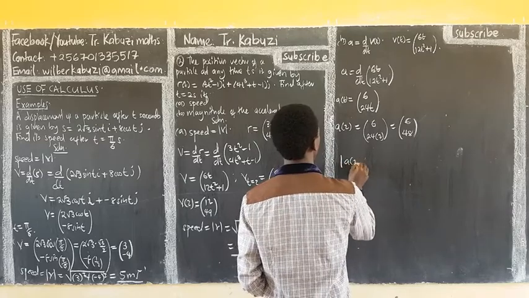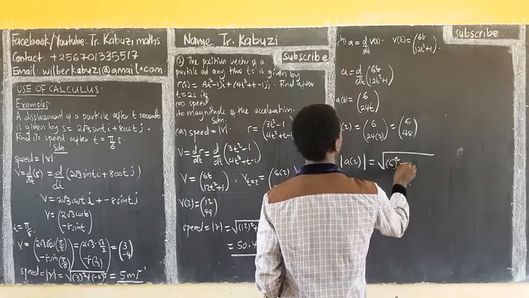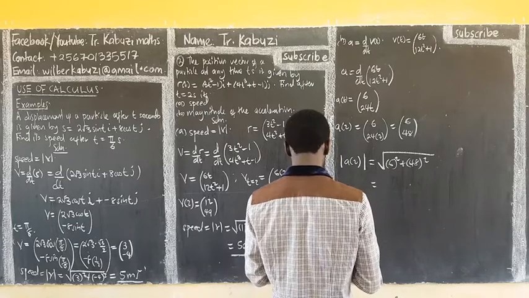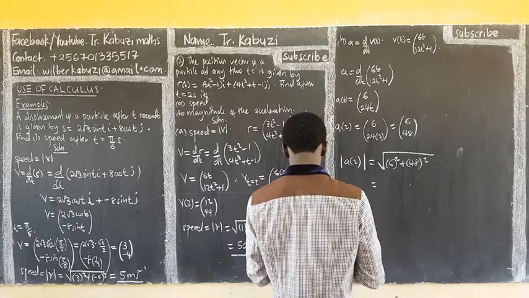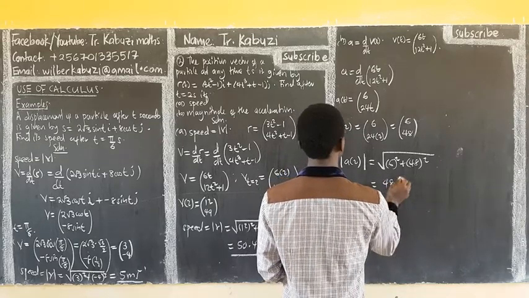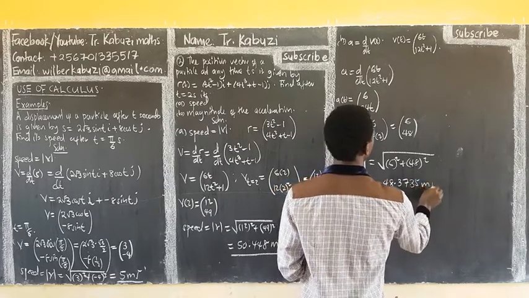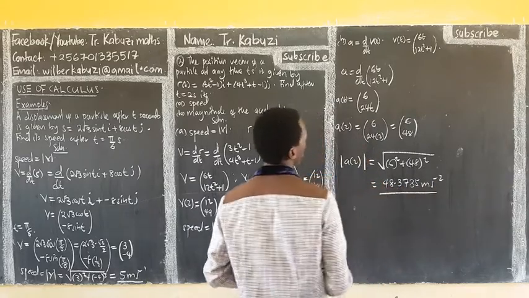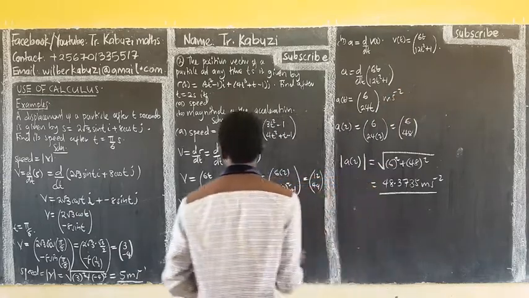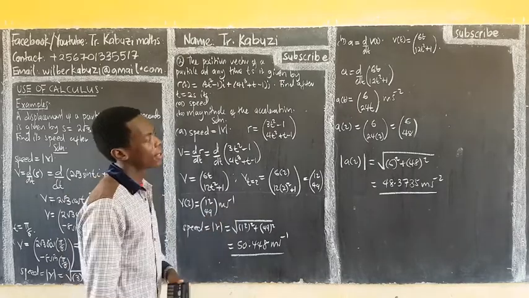The magnitude of this acceleration is going to be the square root of 6 squared plus 48 squared, which will give us 48.373 meters per second squared. This is meters per second squared, and the speed is meters per second. So that's how we handle that.